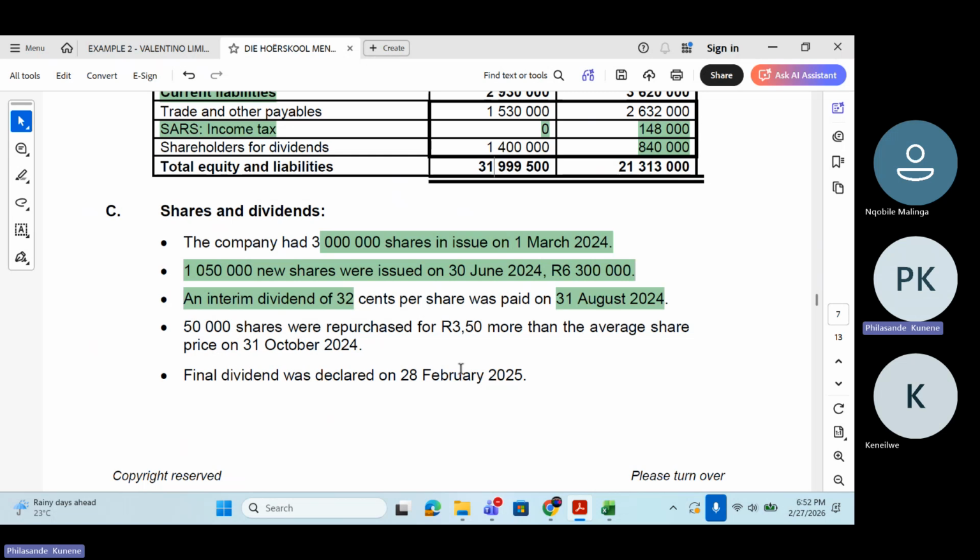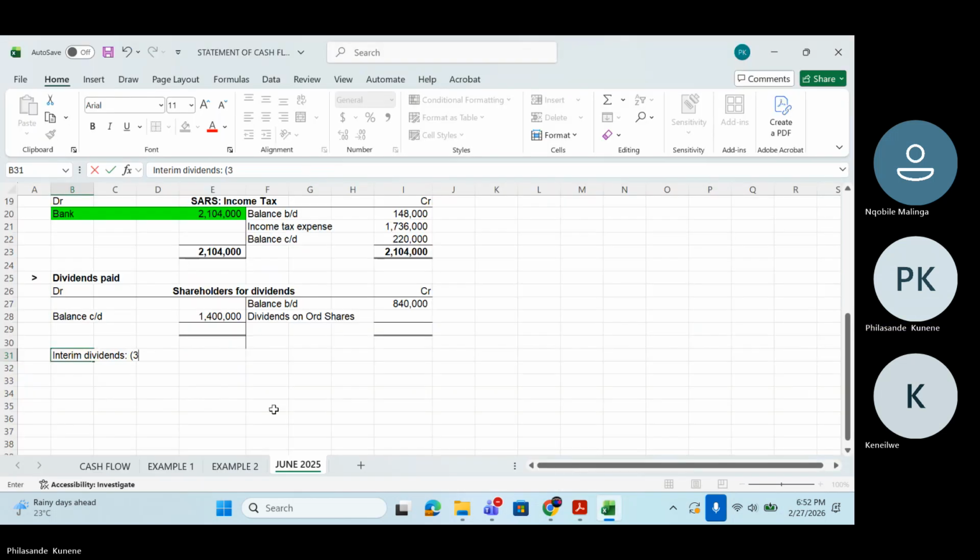I'm going to say 3 million shares plus 1,050,000 shares, right? And then what do I do after that? Multiply by 32 cents.